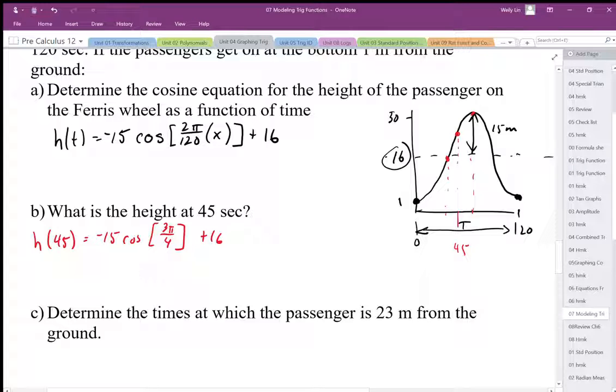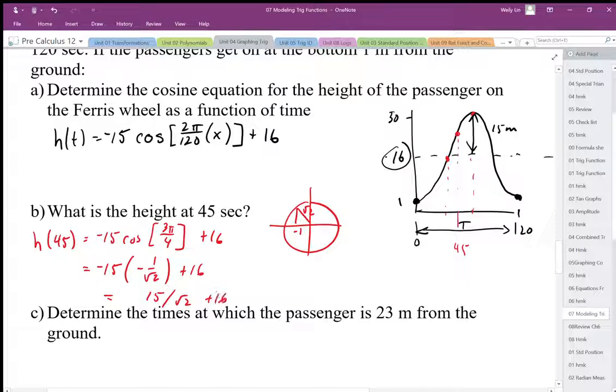Well, 3 pi over 4 is going to be that 135 degrees there. It's going to be negative 1 over root 2. So I'm just going to plug that in: negative 1 over root 2 plus 16. So the height works out to be 15 over root 2 plus 16.